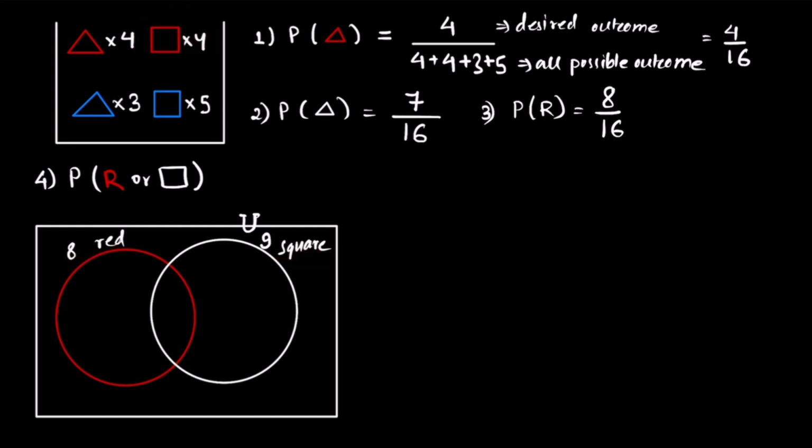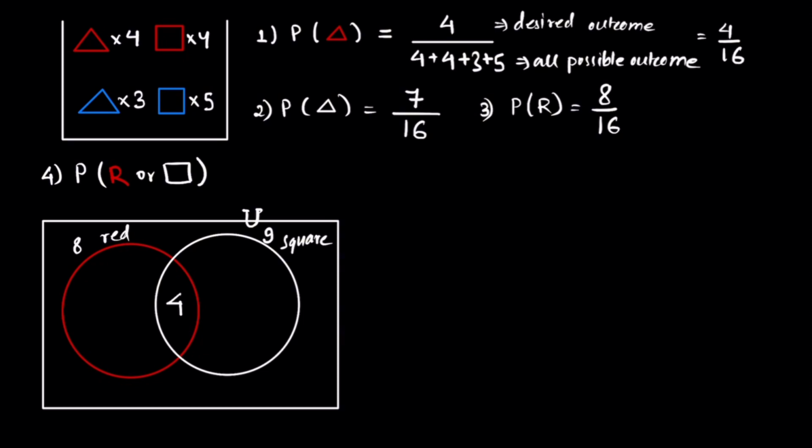There are altogether 4 squares that are also red. So in this trial, you can have events such as getting red, getting square, or even getting a red square.